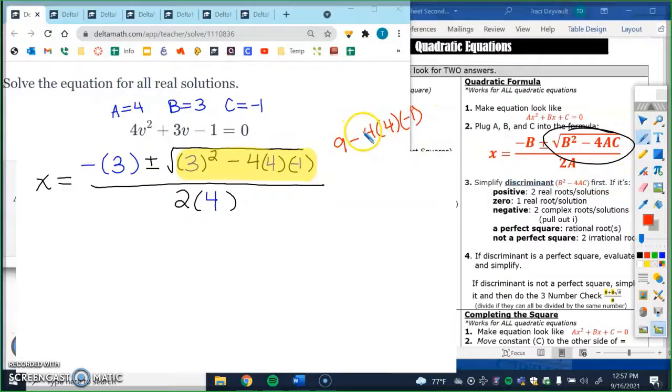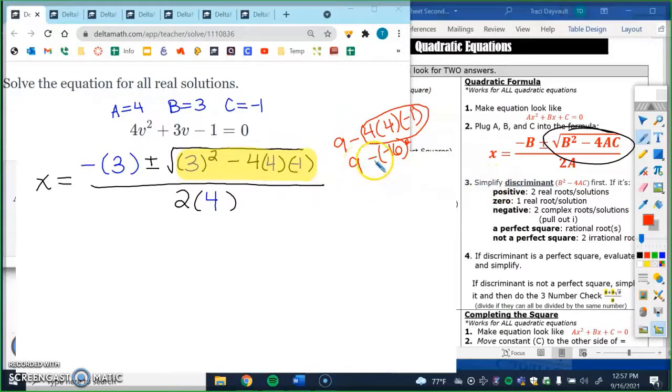Next thing I'm going to do is multiply before I subtract. So exponents come first. What is 4 times negative 1? That's going to be negative 4. Okay, so 4 times negative 1 gives me this negative 4.